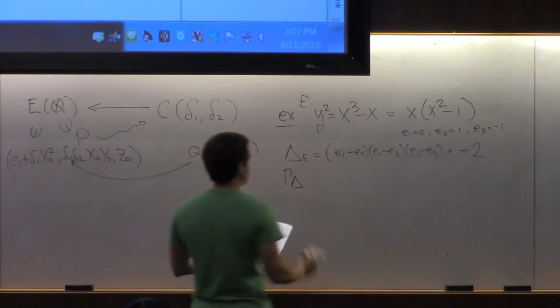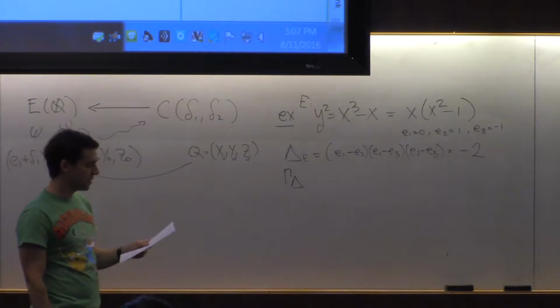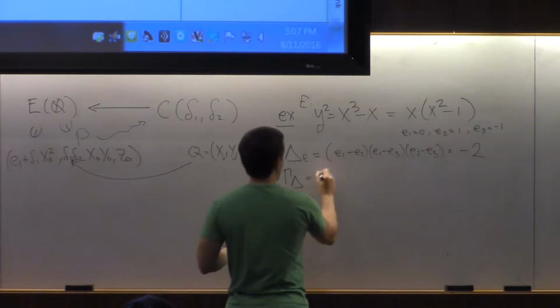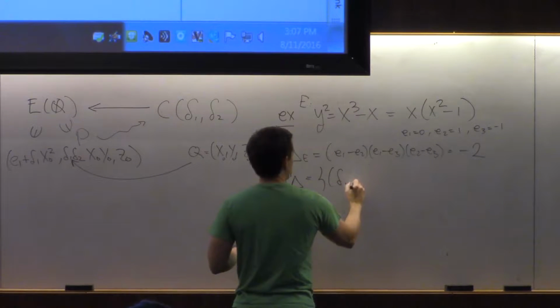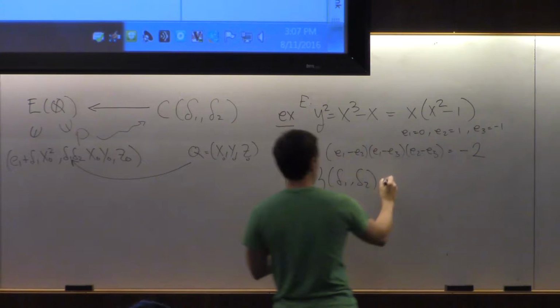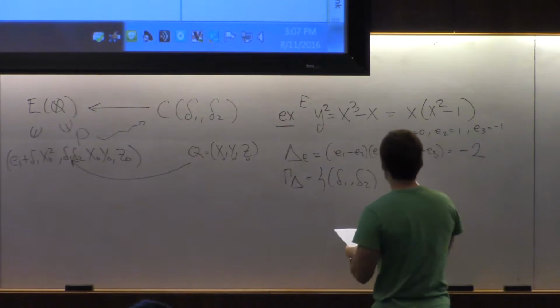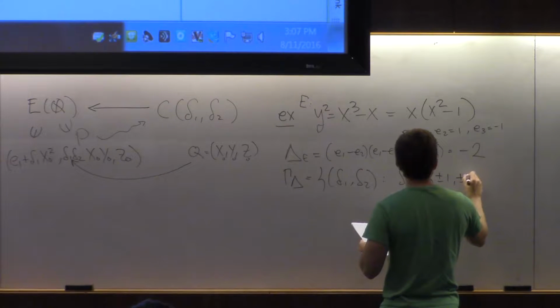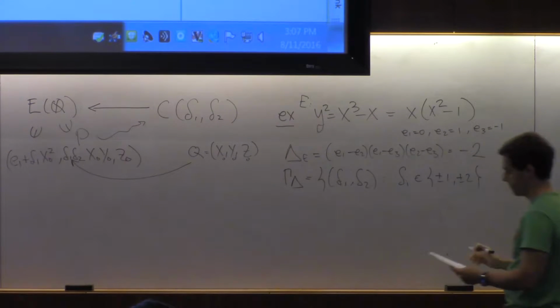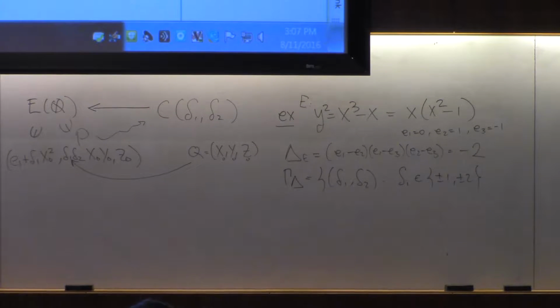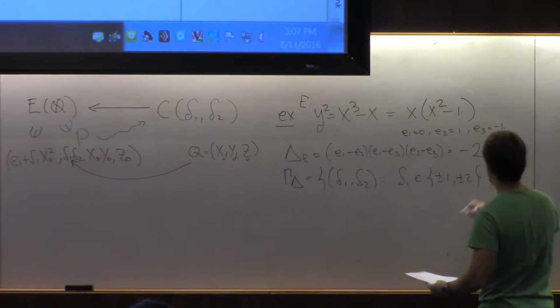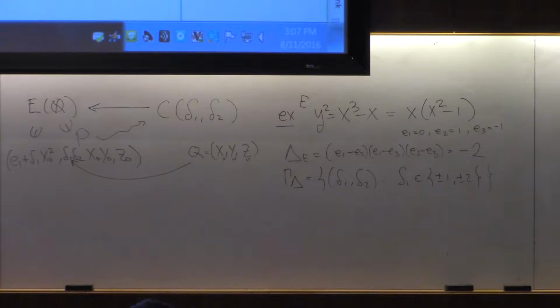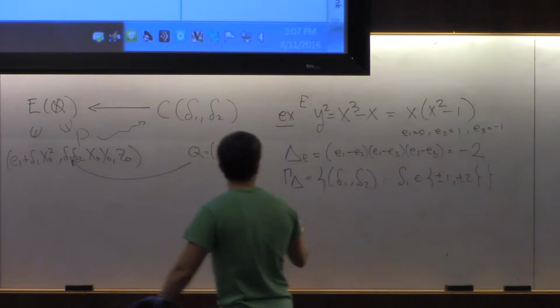So this gamma set are pairs (delta1, delta2), with the deltas in ±1, ±2. Okay, so there are 16 of those possibilities, and the homogeneous spaces that appear here.